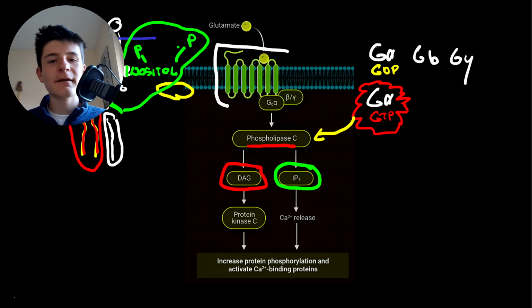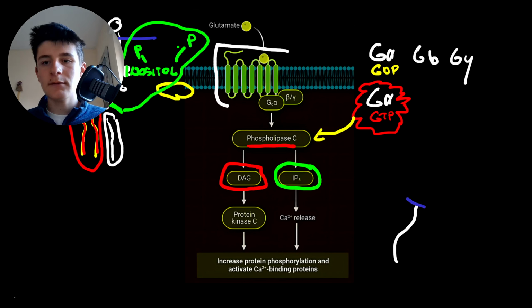And then IP3 is a small molecule that in the cell opens channels. So here we have another membrane. This is the endoplasmic reticulum in particular, and in the endoplasmic reticulum we have calcium channels.